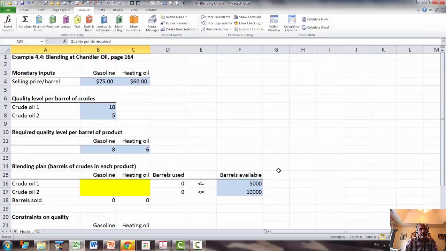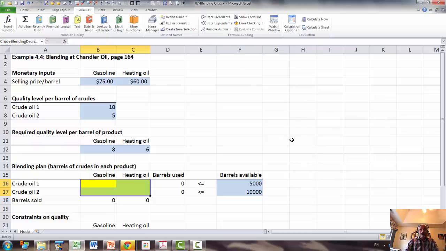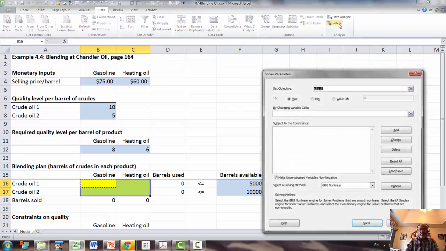And what else? So we have to now define a name for this. Okay, we'll have to define this. So we will say crude blending decision. Okay. Now we can go to Solver.